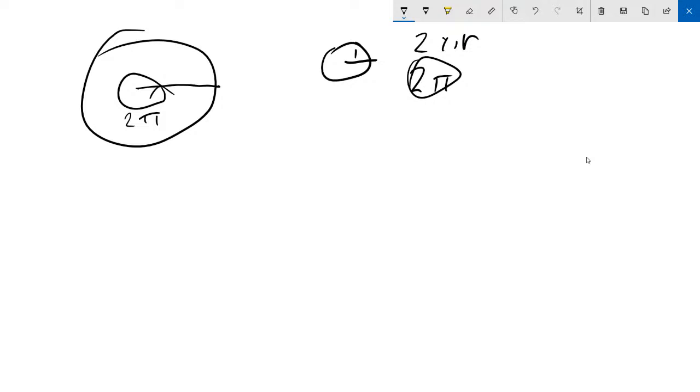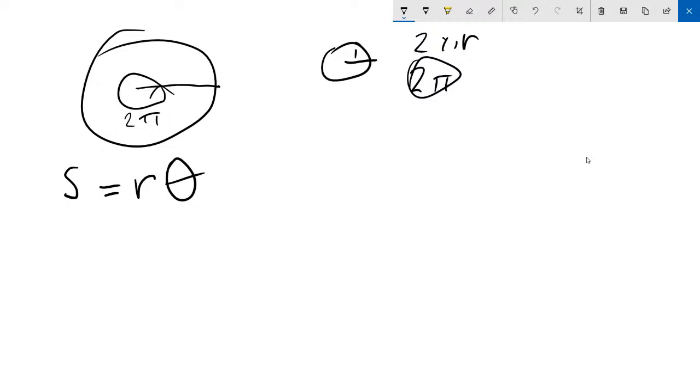Notice one important fact: when we start defining it in terms of 2 pi r, we come up with a very useful formula for the arc length of a sector of a circle. The arc length of any sector of a circle is the radius times the angle at which you're sweeping out. The easiest way to check if this works is to check it with the whole circle, the circumference.